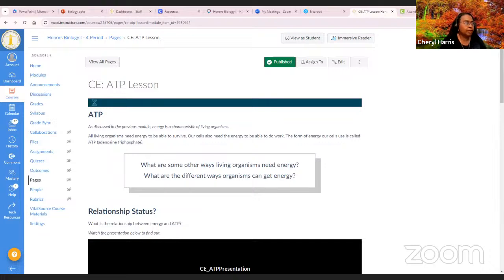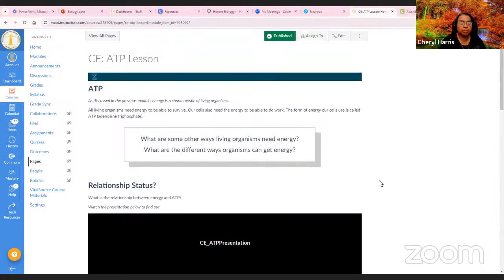Okay. So again, we did the Nearpod activity yesterday. So we'll start at the top of this page. So again, we need to make sure that you understand that an ATP is an energy molecule. Okay?